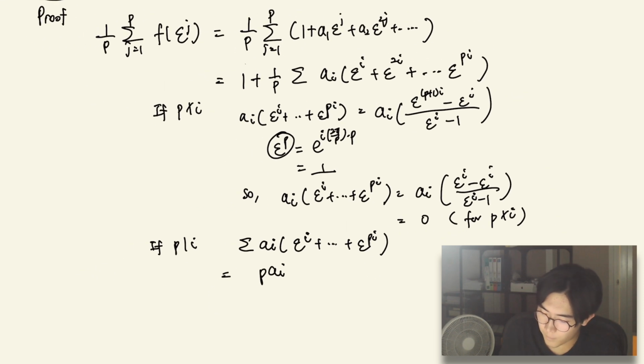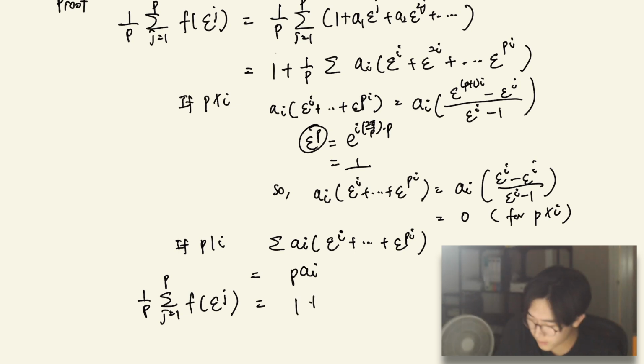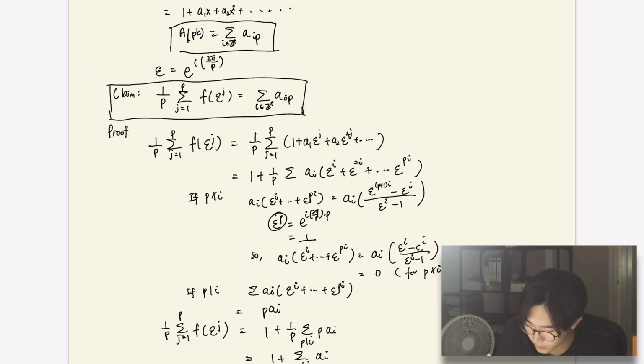So we'll have that 1 over p sum over j equals 1 to p of f(sigma^j) will be equal to 1 plus 1 over p sum of p a_i for i which p divides, which is just equal to 1 plus the sum over i where p divides i of a_i, which is basically equal to the sum over non-negative integers of a_ip.